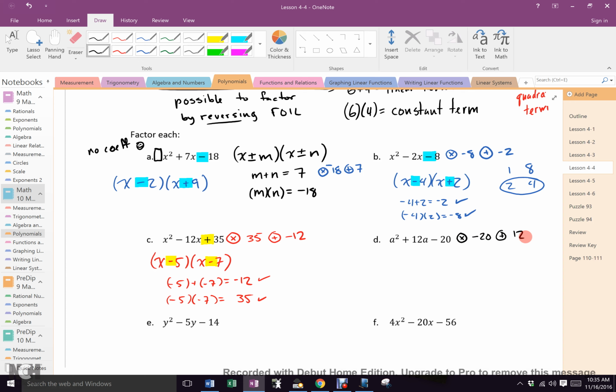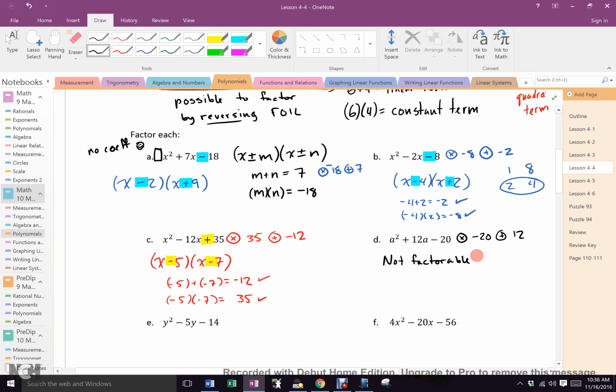No. What else is it? You want to say 10 and 2, right? Does it work? No. This is not factorable.